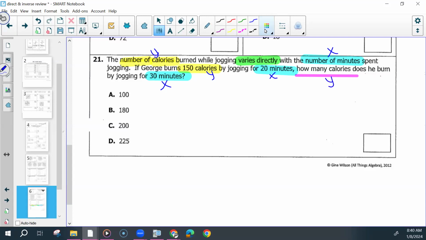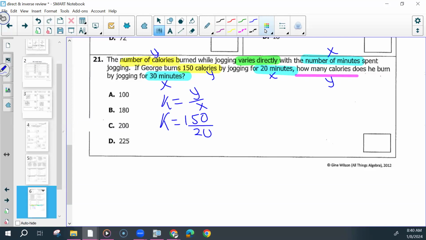So then because we're in varies directly mode, we have to solve for k by doing y divided by x. So this would be k equals 150 divided by 20. Take the first two numbers that you're given.